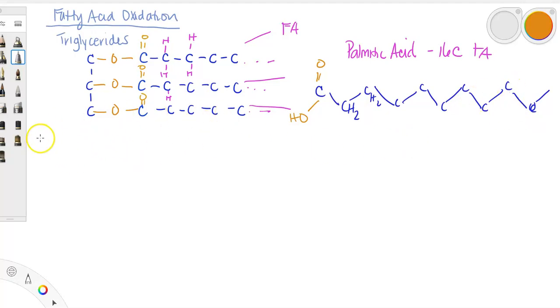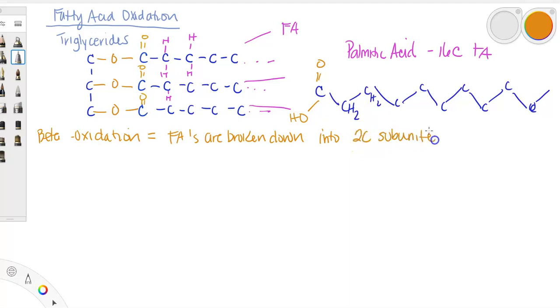So in beta oxidation, the fatty acids are broken down into 2 carbon subunits.